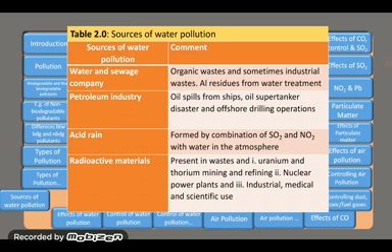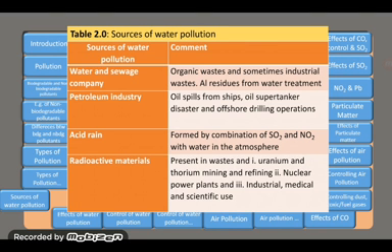Another source of water pollution is acid rain. Acid rain is formed by the combination of SO2 or NO2 with water, which forms acids. SO2 with water gives sulfurous acid, while NO2 with water can give two forms of acid, either nitrous or nitric acid.